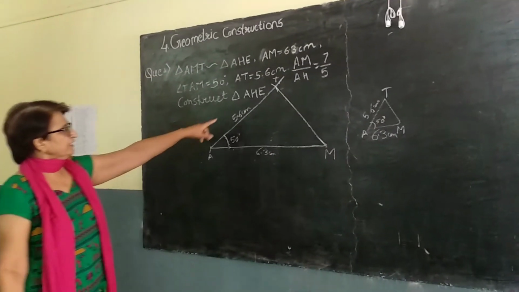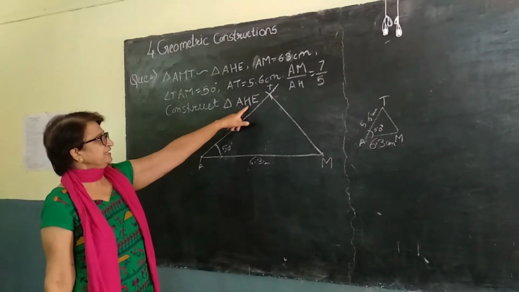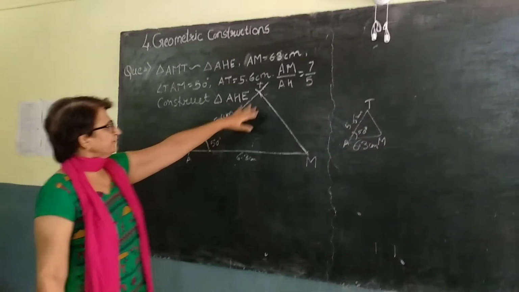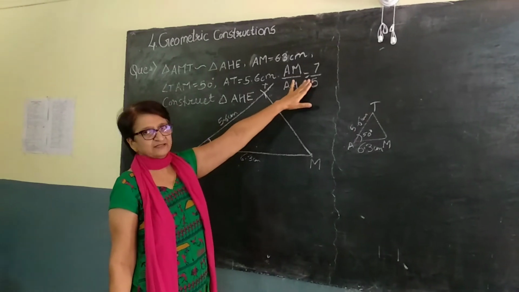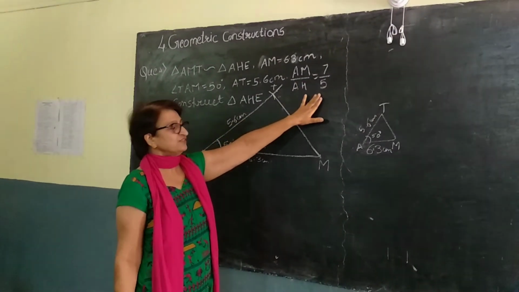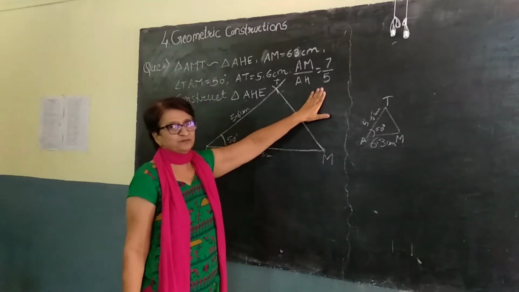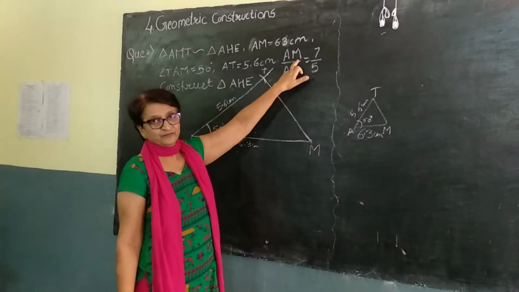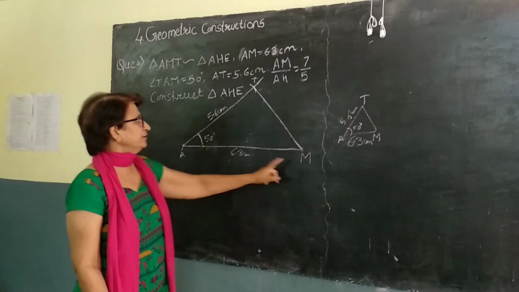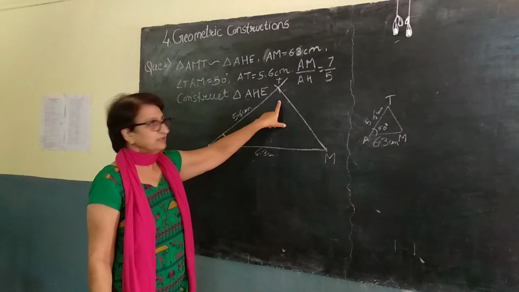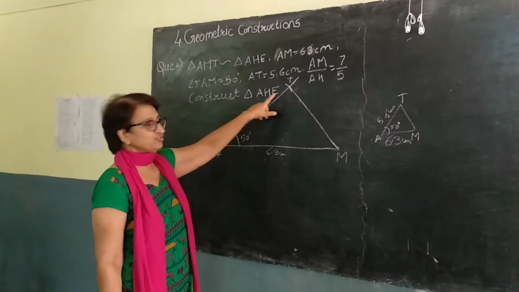Now again I have to construct triangle AHE, in which they have told me that AM is 7 and AH is 5. It means which triangle is bigger? AM. So AM means this triangle AMT. This triangle is bigger than the triangle AHE.